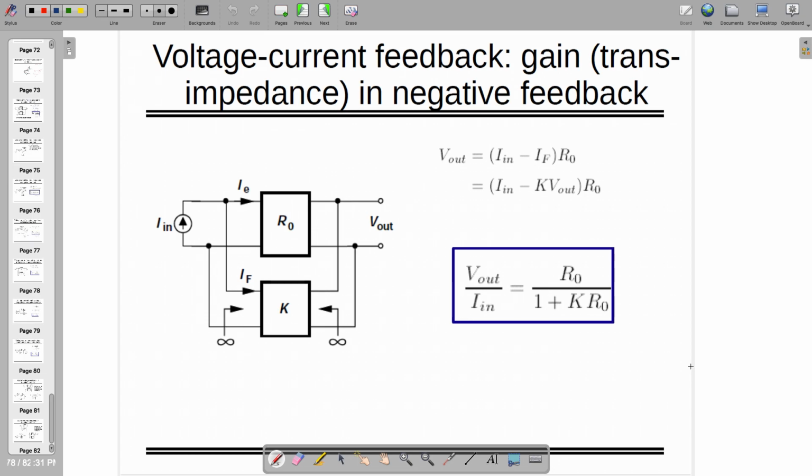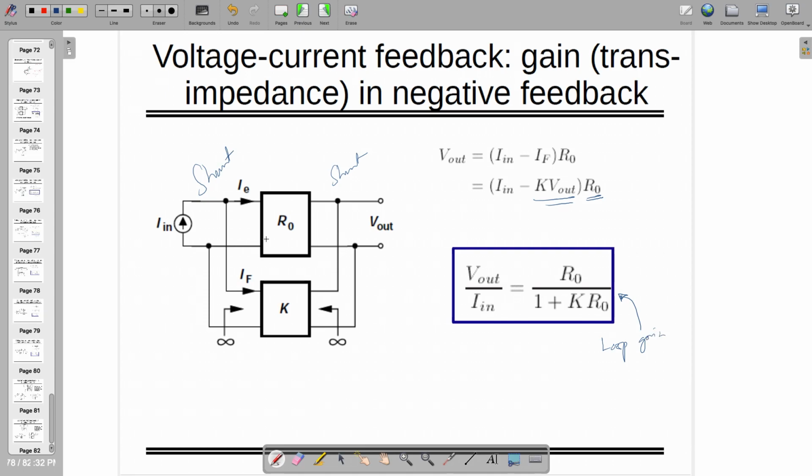Similarly, if you have the voltage-current feedback, where on the output side it's a voltage and on the input side it's a current, the output side is in shunt, and the input side is also in shunt. In that case we can write V_out is nothing but (I_in minus I_F) times R0, where I_F depends on the whole loop and is equal to K times V_out times R0, and V_out by V_in again becomes improved by the loop gain.